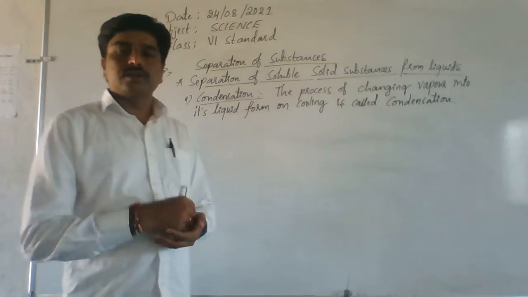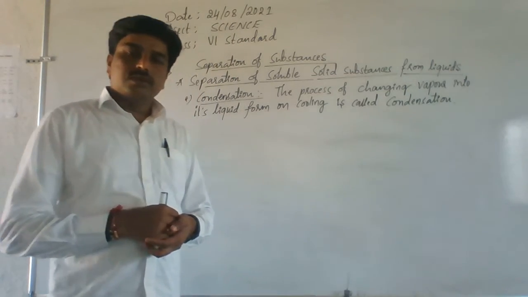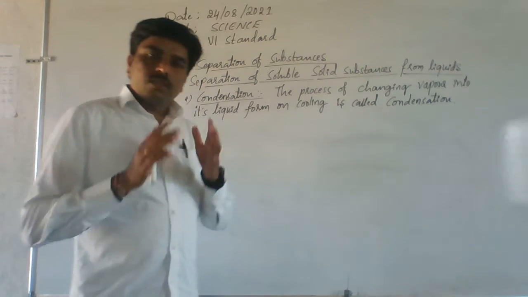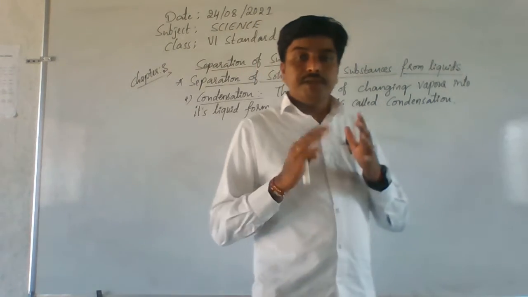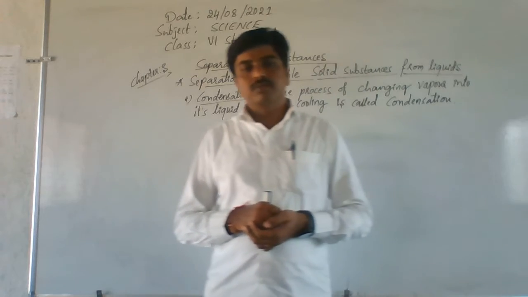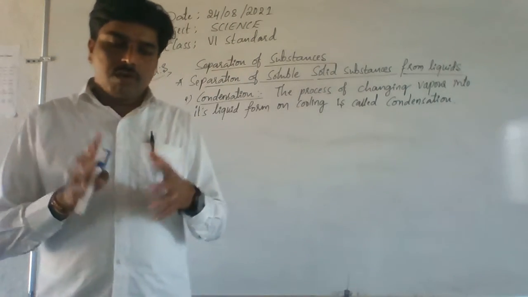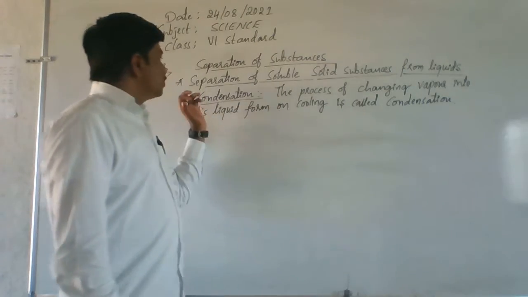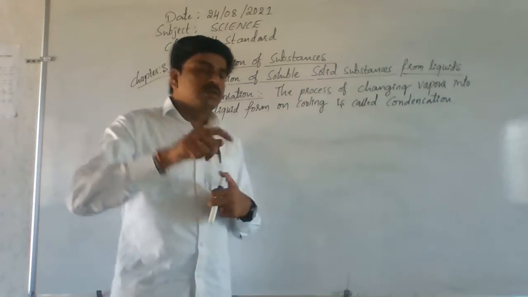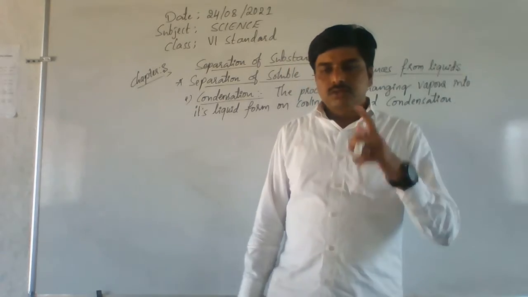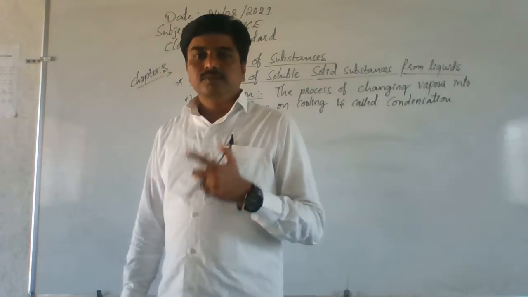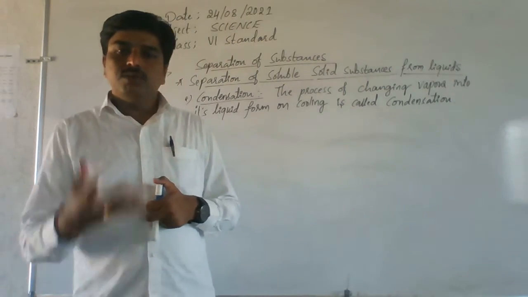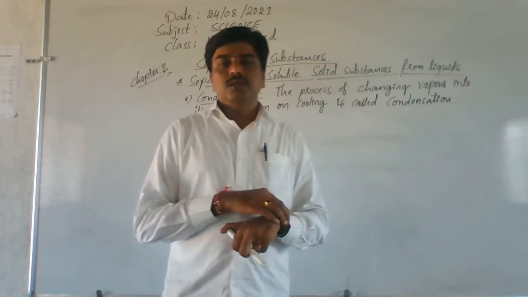So already in the last class, I clearly explained what this evaporation method is and where it is used. Commonly this evaporation method is used for separation of soluble solid substances from a mixture. What do we commonly use in our home?